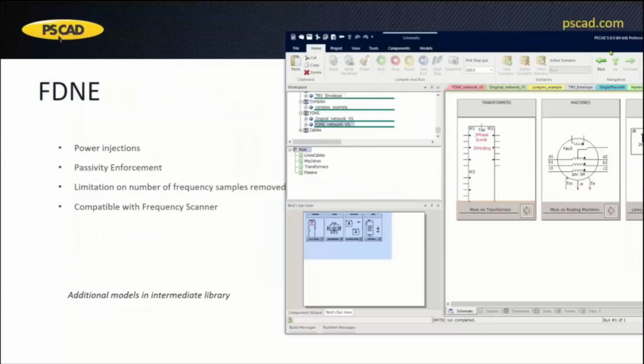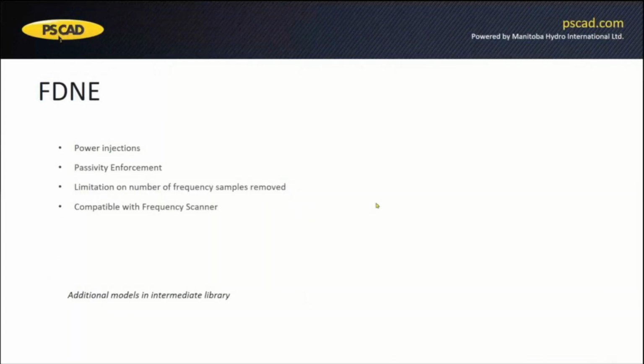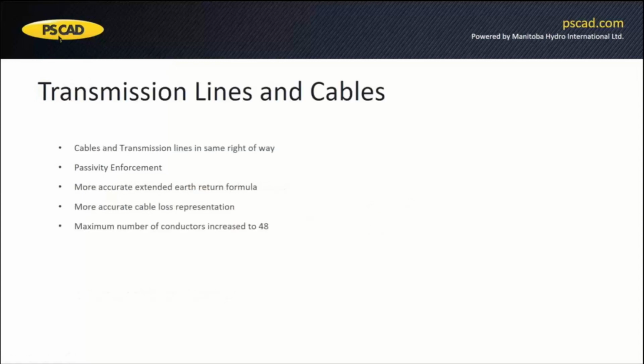Next, what I want to show is improvements done to transmission lines and cables. Now in version 5, you can have cables and transmission lines in the same right of way. There's an option to enforce passivity.